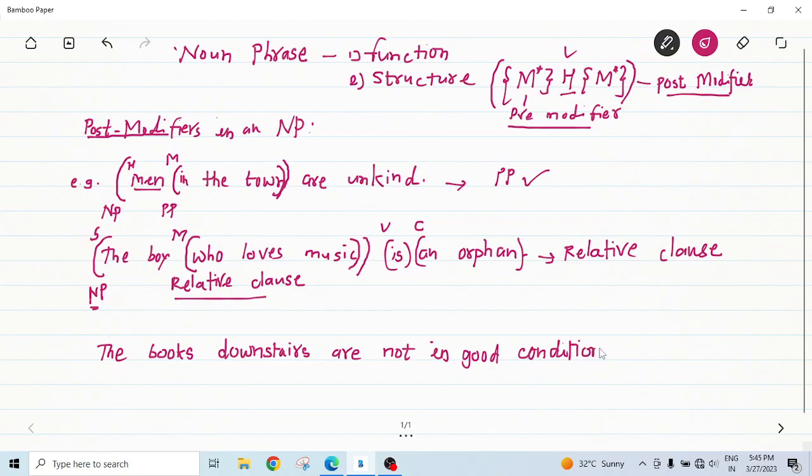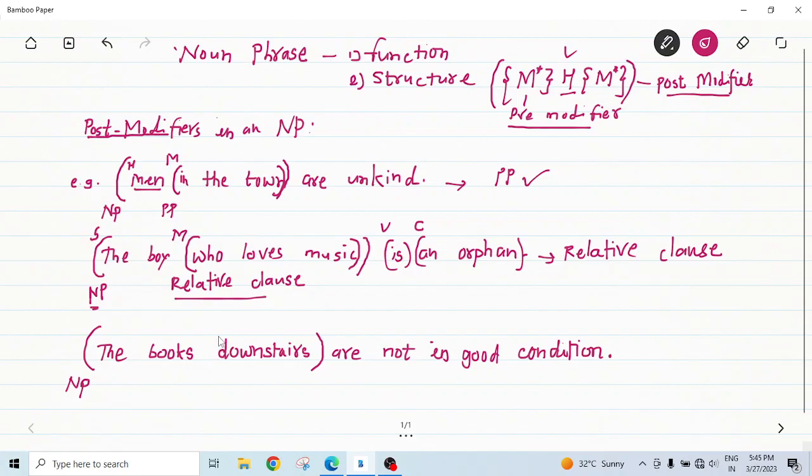Now, in this clause or sentence, the books downstairs forms this noun phrase.